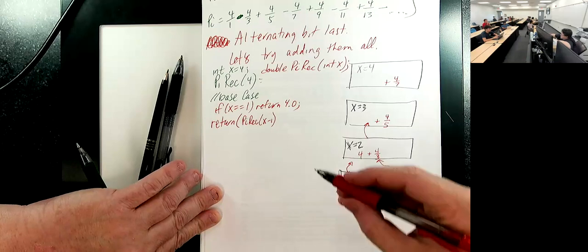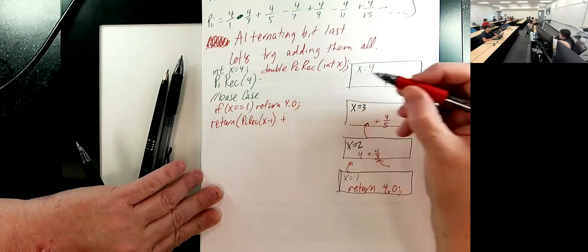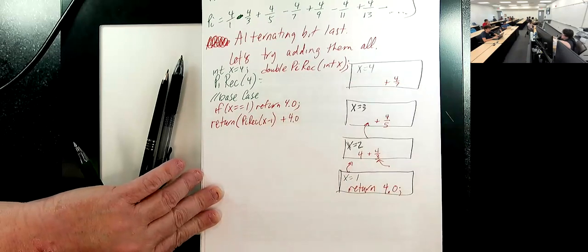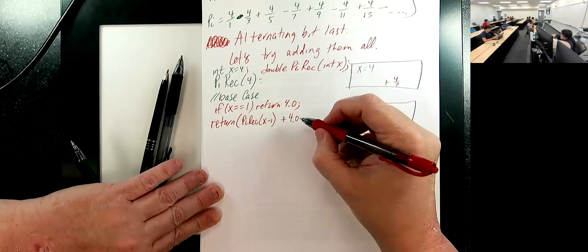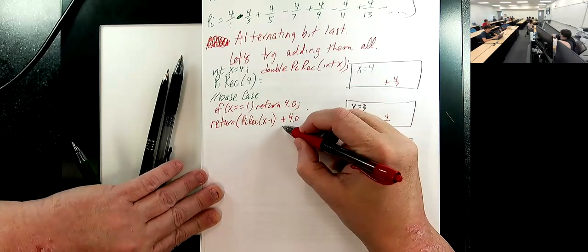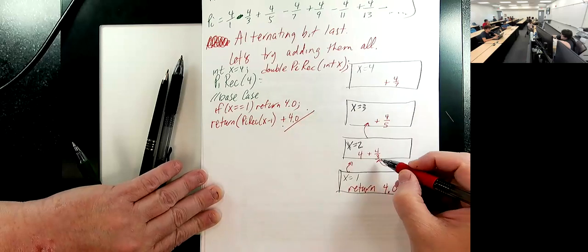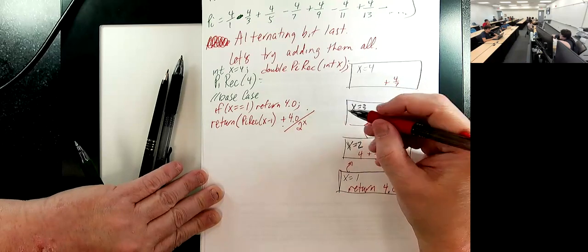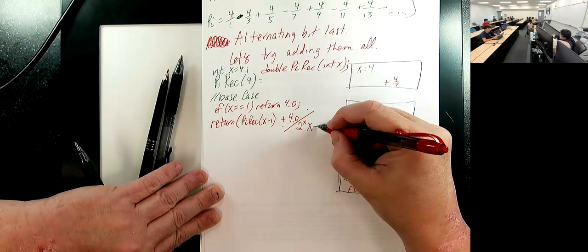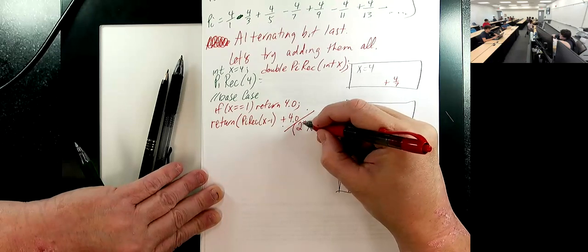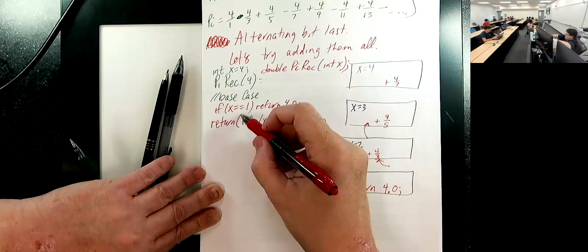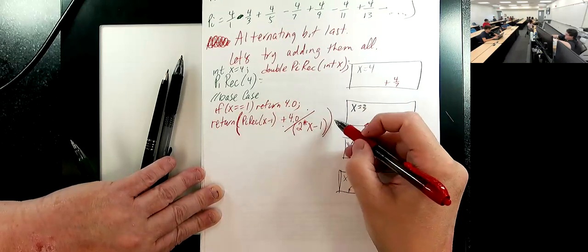And then what we're adding to it is plus 4. Again, I'm going to say 4.0 to make sure it does everything as a double. And then we're dividing it by, this is where you have our odd function, 2 times x minus 1. I'll put that in parentheses.